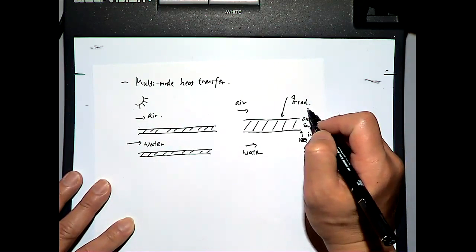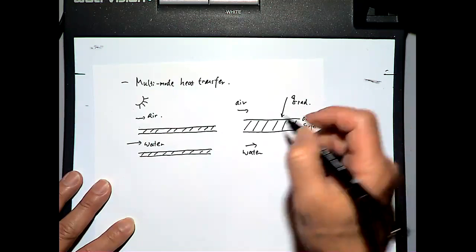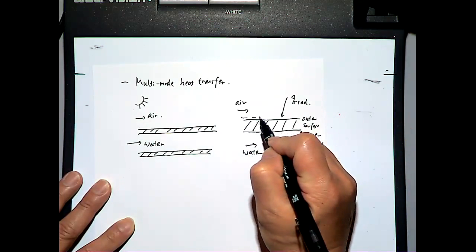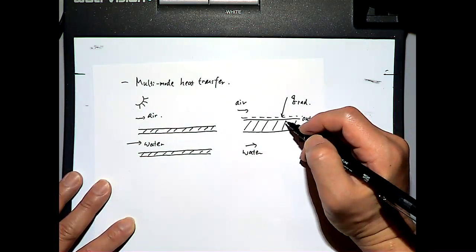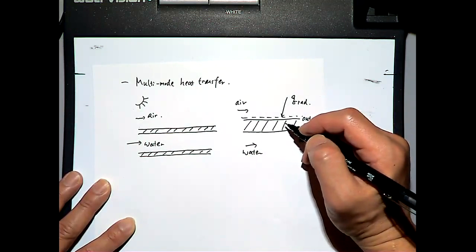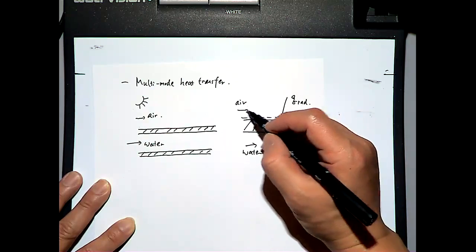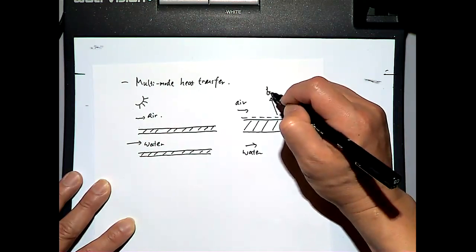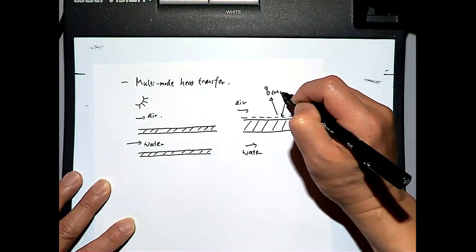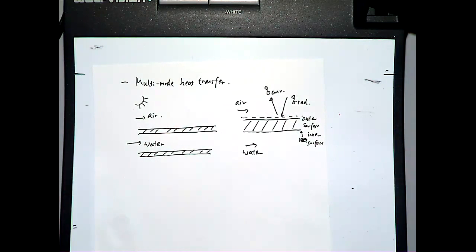So that's the incoming at this surface, right? And on this surface we also have the external convection, which is air flowing outside, which means it will lose some of the heat by convection to the outside.